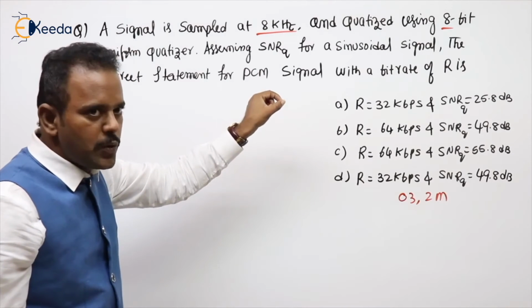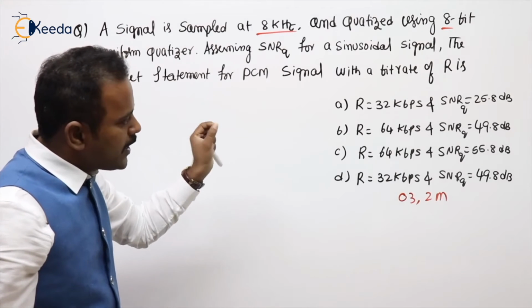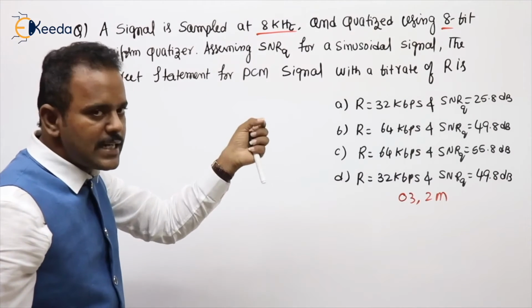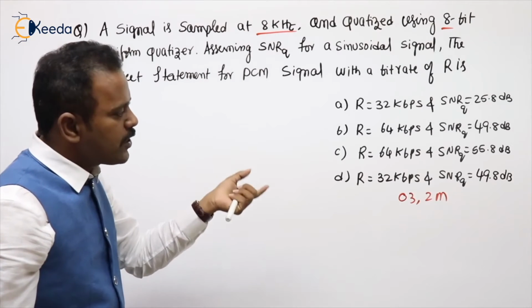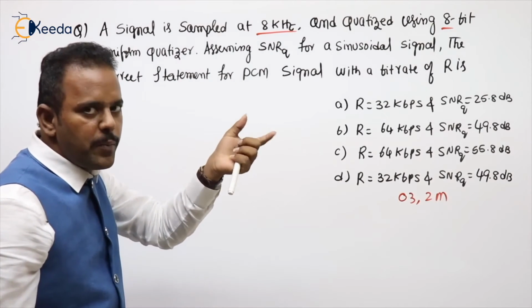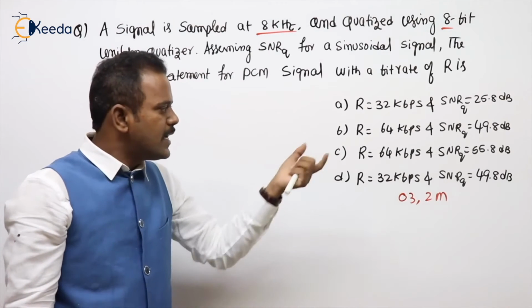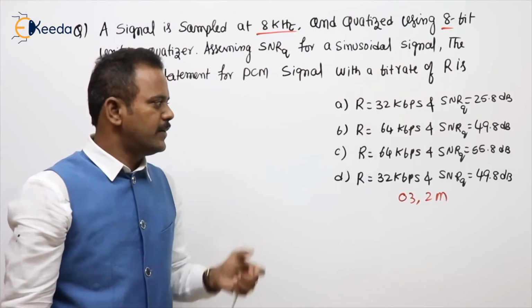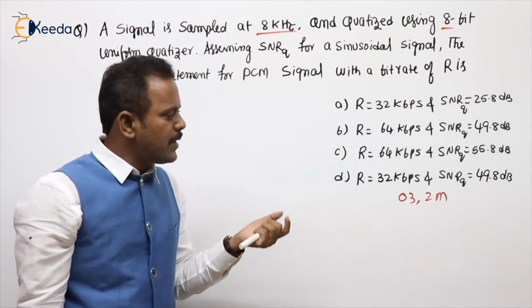R equal to 32 kbps, SNR is 25.8 dB. Second option, R equal to 64 kbps, SNR is 49.8 dB. Third option, R equal to 64 kbps, SNR is 55.8 dB. Option D, R equal to 32 kbps, SNR is 49.8 dB. This was asked in the 2003 GATE examination for 2 marks.